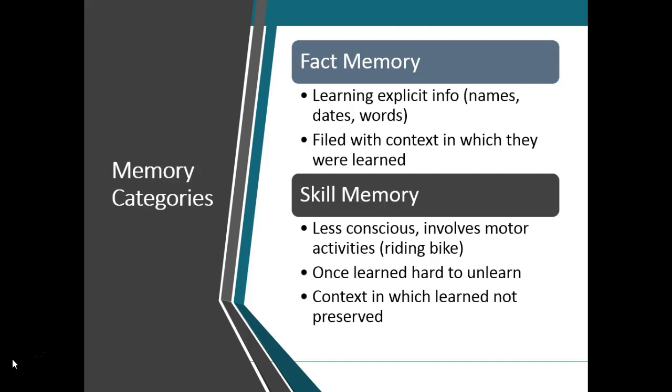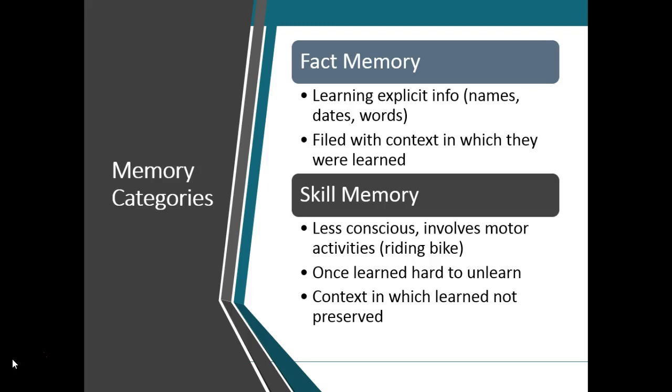So events, objects, names, places, types of cars, colors. So this information of the memory requires that we have conscious recall, and it's stored in the association area of the cerebral cortex. So, for example, visual memories are stored in the visual association area. Auditory memories, your favorite song, are stored in the auditory association memory.